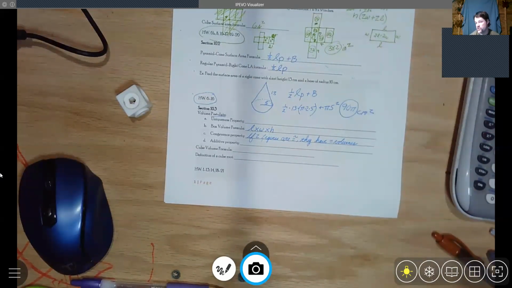Now, is the converse true? So first of all, what's the converse? If two figures have equal volumes, then they are congruent. Is that true?